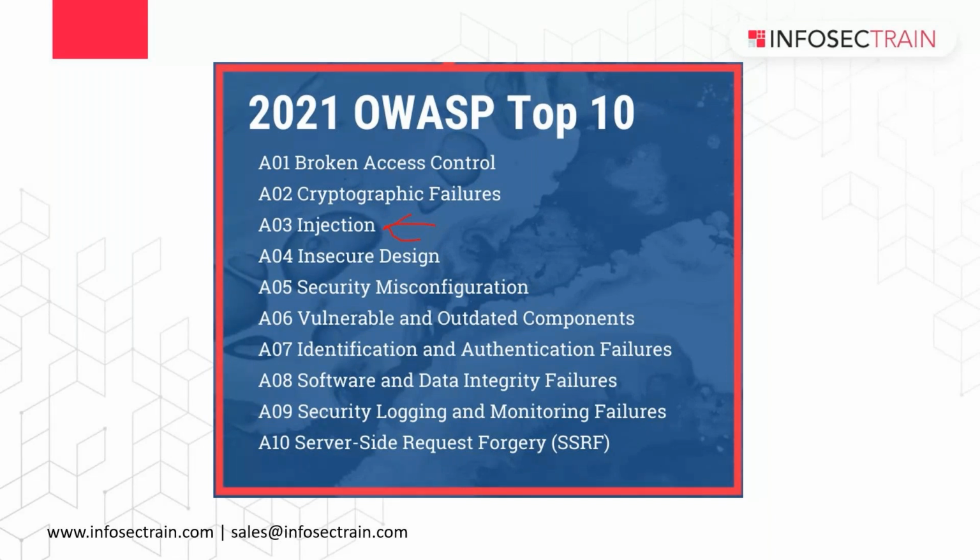The attacker can run malicious code in the application context and can gain access to protected areas and sensitive data. An attacker can use SQL injection, CRLF injection, code injection, command injection, LDAP injection, multiple types of injections.